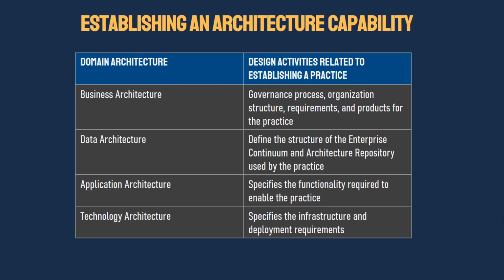In data architecture, we have to define the structure of the enterprise continuum and architecture repository that are going to be used by the practice. The application architecture will specify the functionality required to enable the practice. And finally, the technology architecture will specify the infrastructure and deployment requirements that are necessary to build our architecture capability.